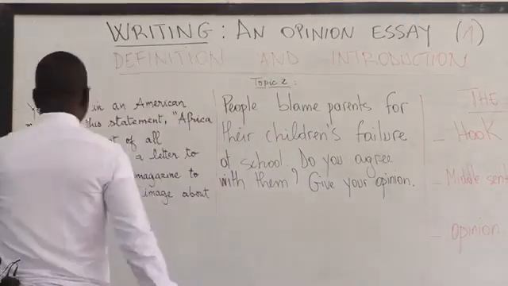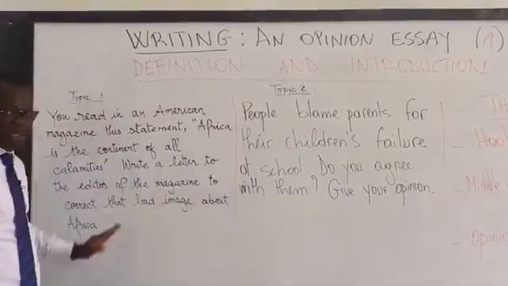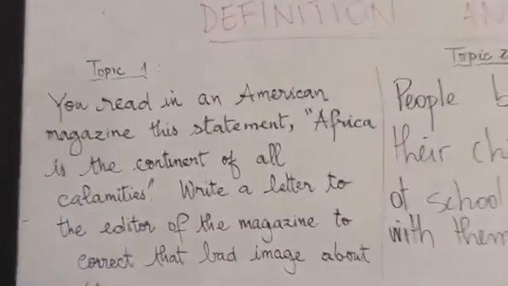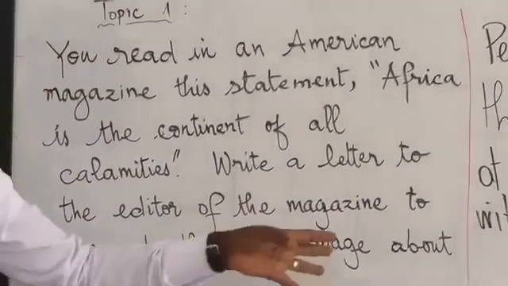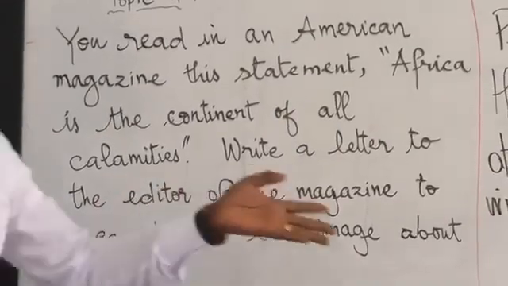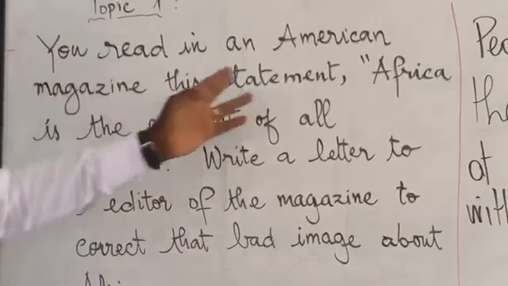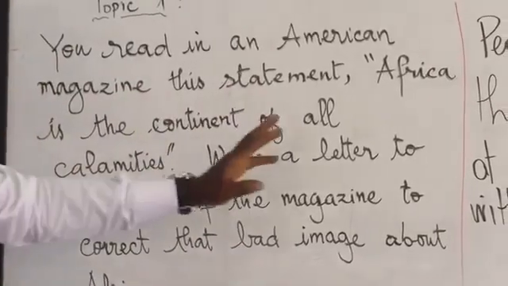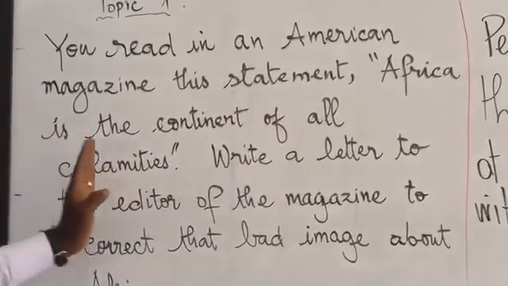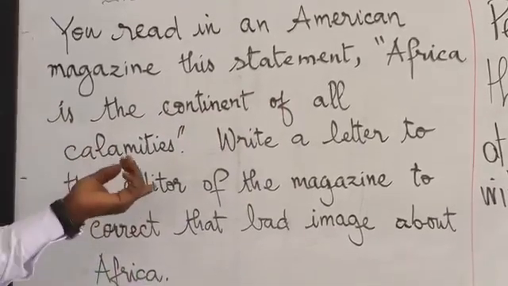Let's have a look at two different topics and see if we can easily find where the opinion essay is. Topic 1. You read in an American magazine this statement: Africa is the continent of all calamities.